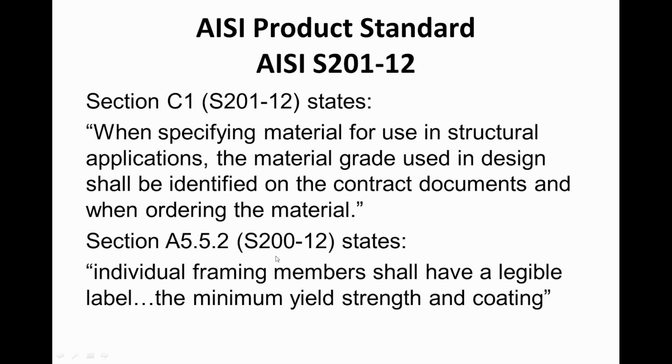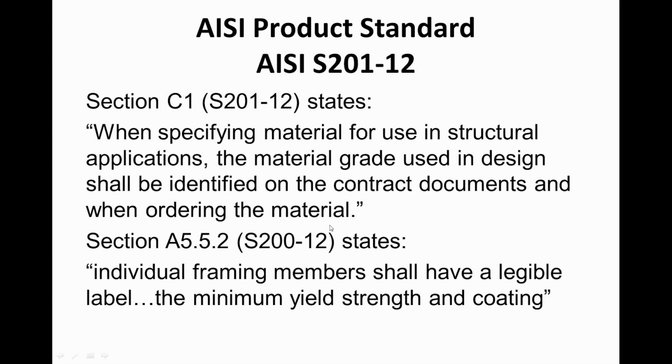S201 then references S200, which states, as you think about the marking of it now, the individual framing members shall have a legitimate label. And on that label, two of the elements that must be on there is the minimum yield strength of that product as well as the coating.